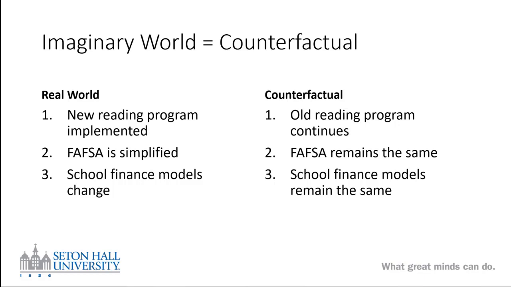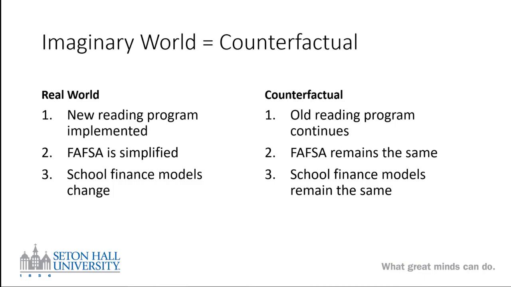And so here are just 3 different examples tied to the causal questions I presented earlier. In the real world, a new reading program was implemented. We changed how students approach reading, let's say in 1st grade or whatever.